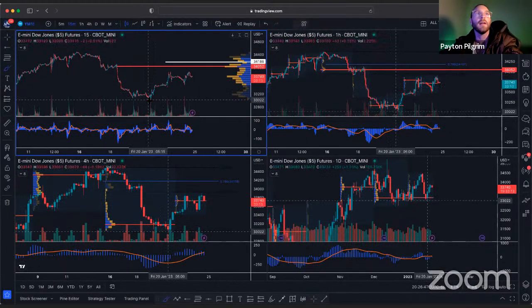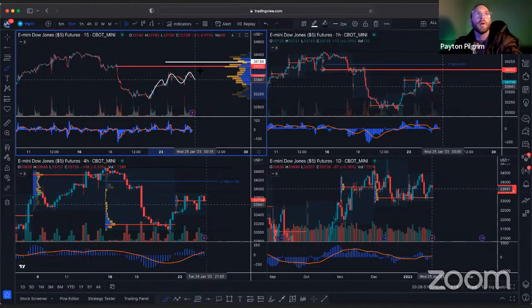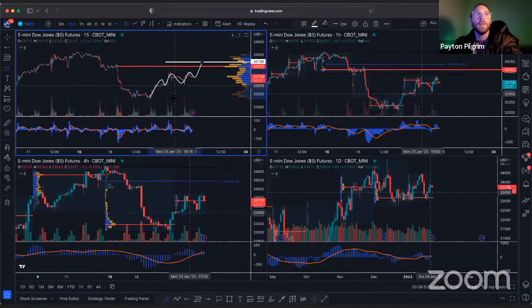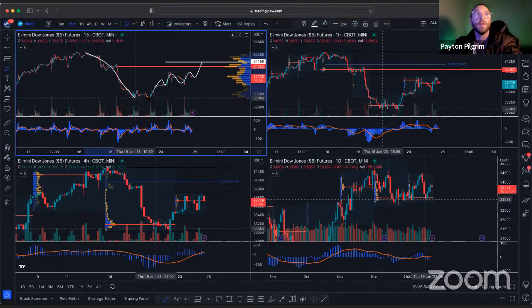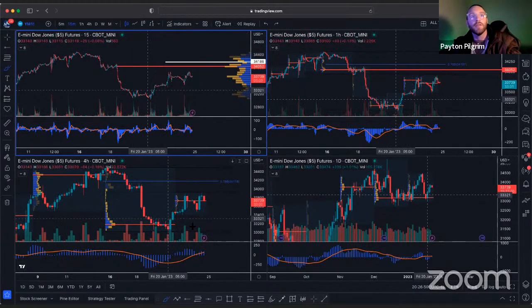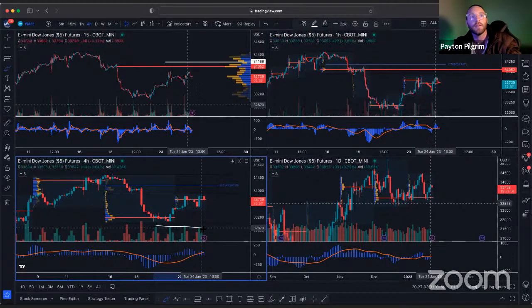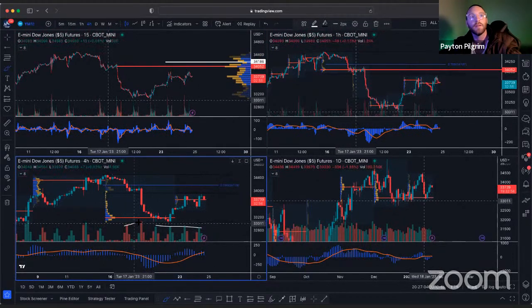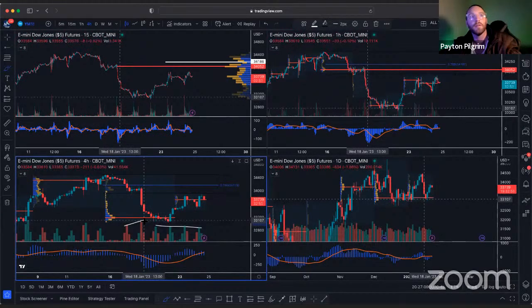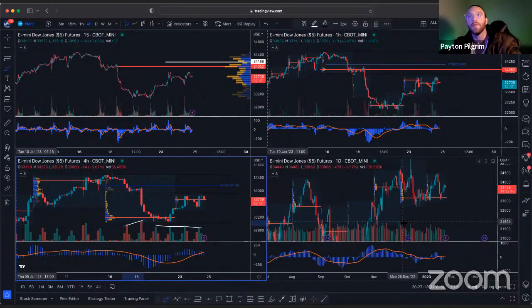It does have somewhat of a correctional look to it. It's definitely going slower than it fell. It fell a lot faster. Volume on the correction is actually decreasing, I think. There's an increase on the way down, decrease on the way over here. Let me see this.